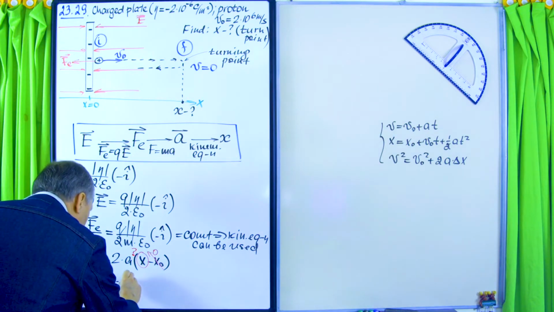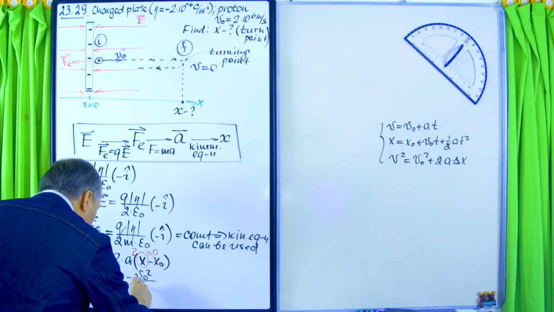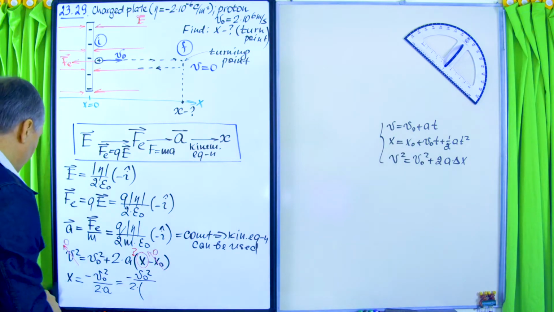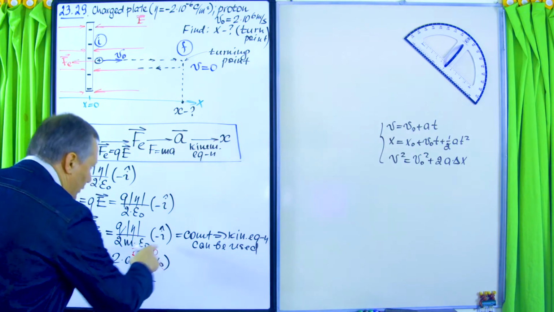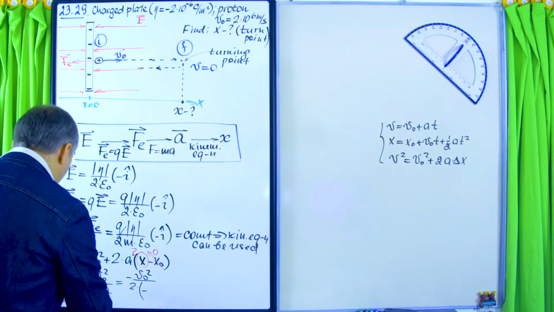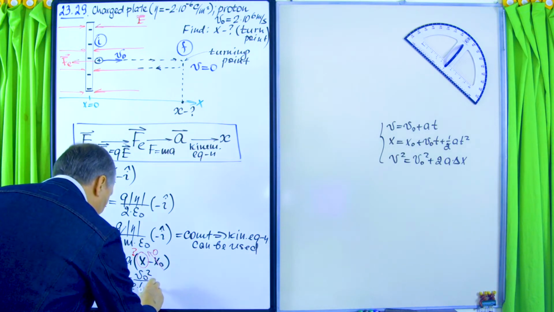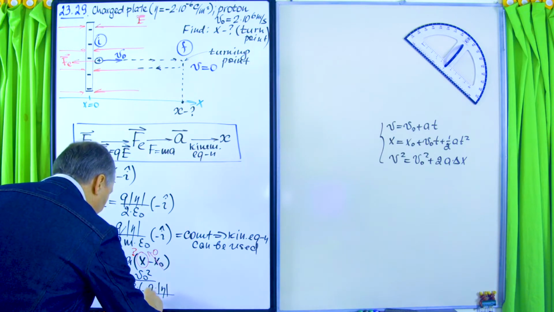So it will be minus v naught squared divided by 2. Again, it's so difficult to write at the bottom of the whiteboard. Divided by this with minus. And of course, now I will drop the vector sign. Right. 2, this minus q, absolute value of eta, and divided by 2.